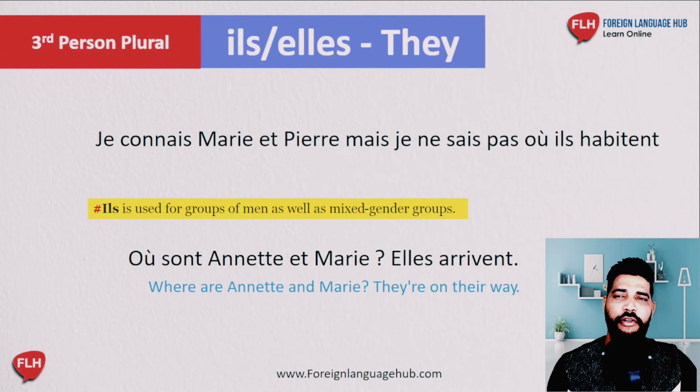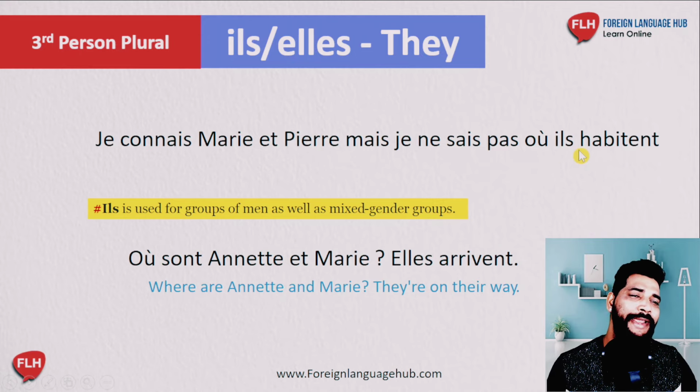Okay, animation is not appearing, sorry for that. Okay, third person plural ils, elles, which stands for they, right? Je connais Marie et Pierre, mais je ne sais pas où ils habitent.